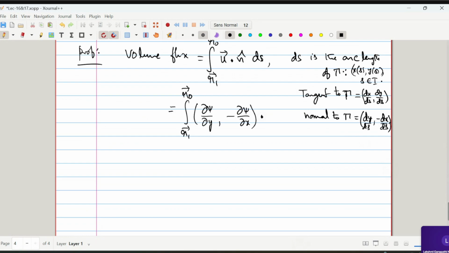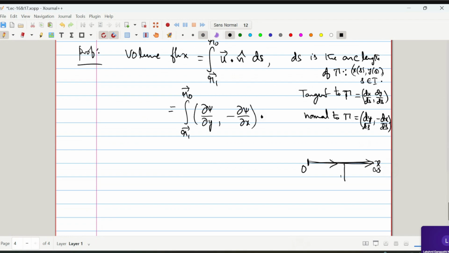How do you check this one? Suppose I want my tangent to be parallel to the x-axis: dx equal to 1, dy equal to 0. Now you come back and put it in. What happens to the normal to gamma? dy is 0 and minus dx is minus 1. For example, the curve is your x-axis and you are going from 0 to infinity, moving in this direction.